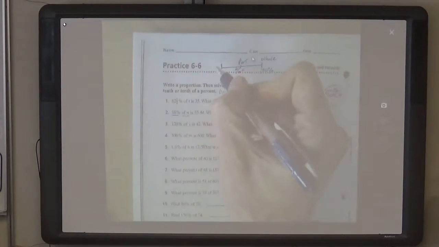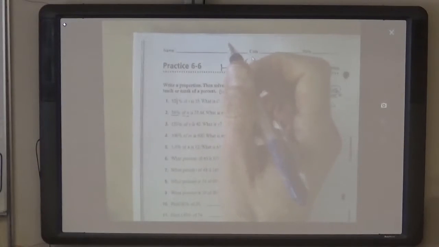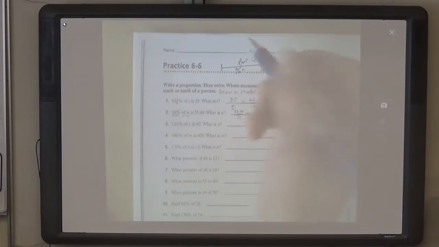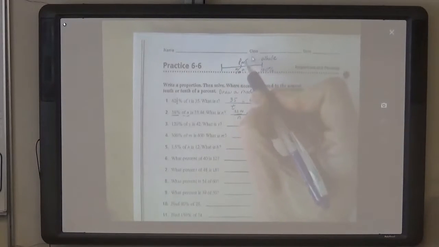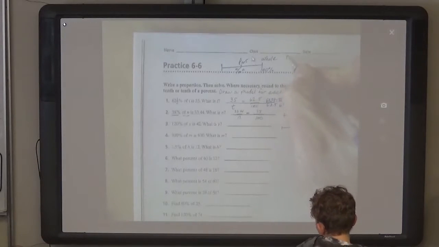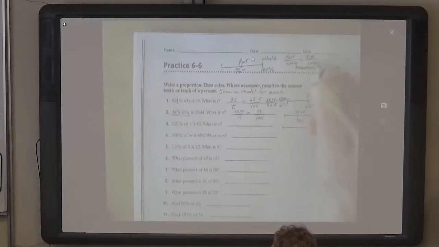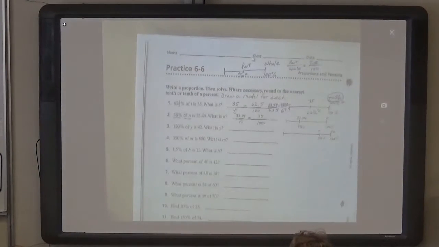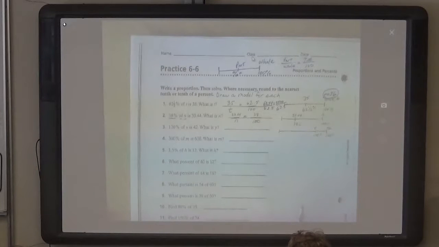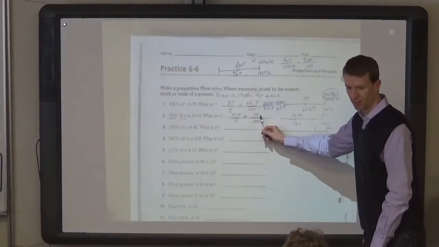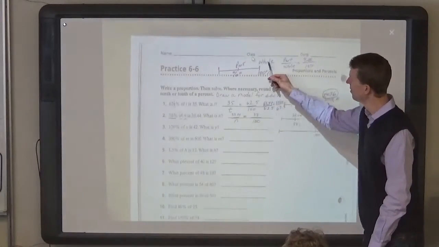I want you to know what the model is, so it might help some people set up the proportion. Because the proportion is always set up with the part over the whole, equal to the percent number over 100.